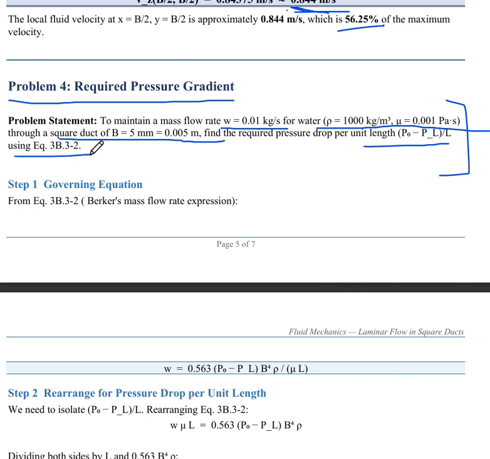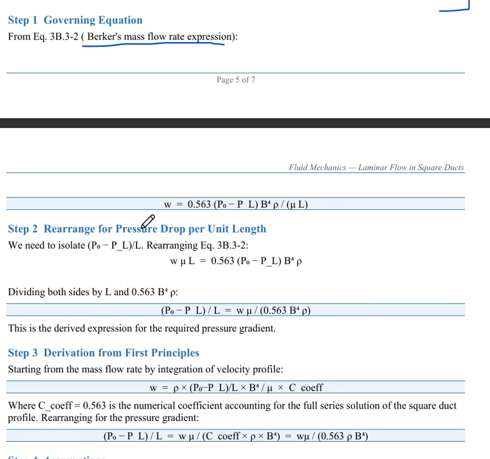Here we are using equation 3.2, or the Burke's expression. This example determines how much push or pressure is needed to maintain a specific flow.